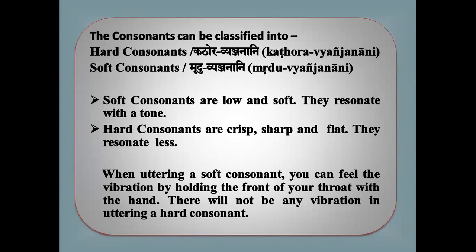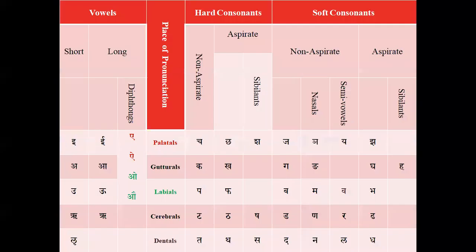And the third letter, fourth letter, and the fifth letter of all the classes are soft consonants, and there is vibration when you utter these consonants. That is what I have given in the table. You can see now, under hard consonants, you will find the first letter of all the class consonants as well as the second letter of all the class consonants.